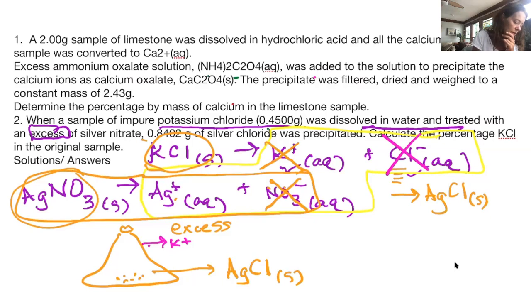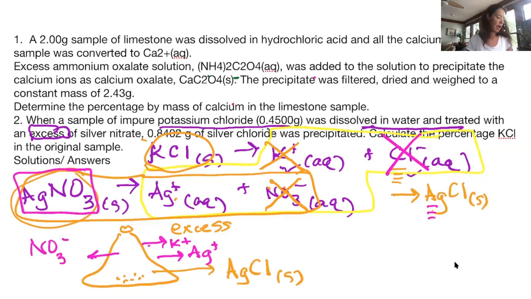We would have silver ions because the silver nitrate was added in excess. Therefore, all of the silver did not precipitate. We would also have nitrate ions because the nitrate was a spectator ion and did not participate.